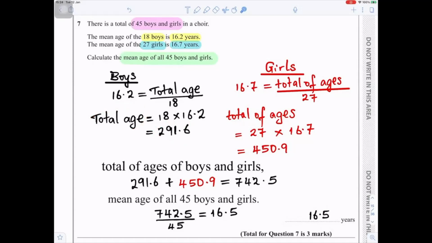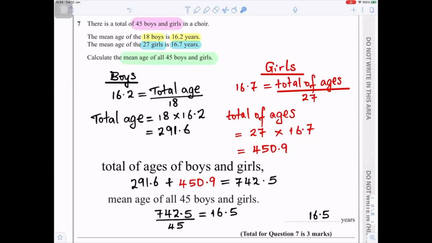Let's go and see for the girls. The mean is 16.7 equals the total of their ages divided by 27 girls. So you take 27 to the left side, 16.7 times 27 gives you 450.9.